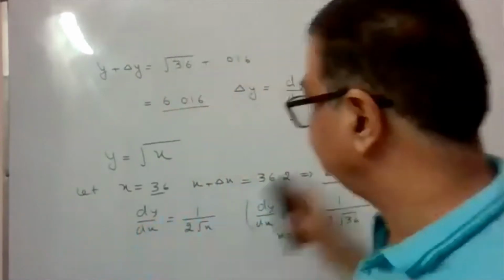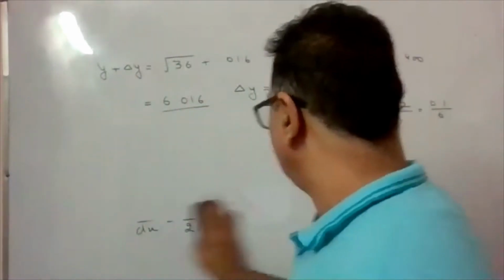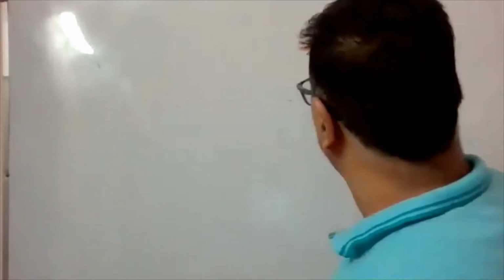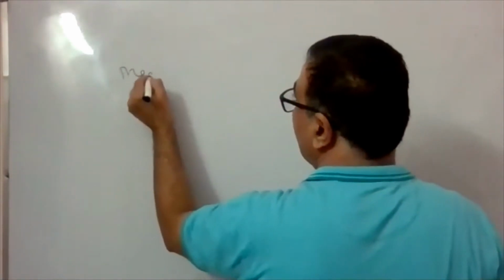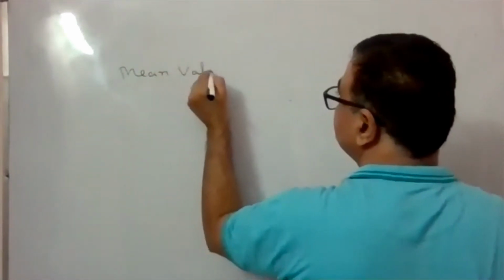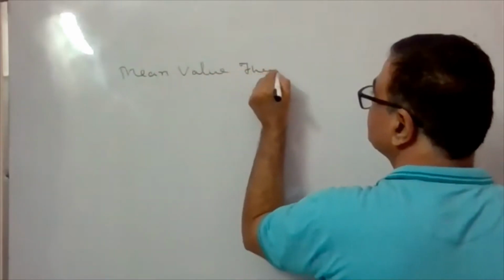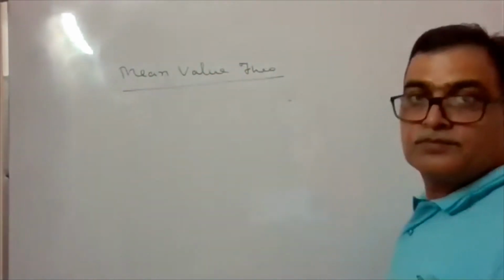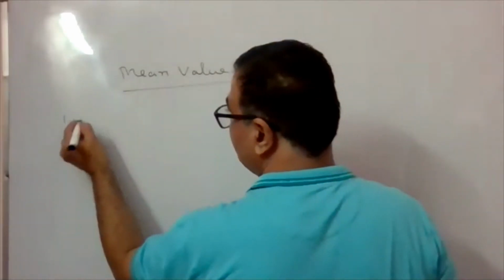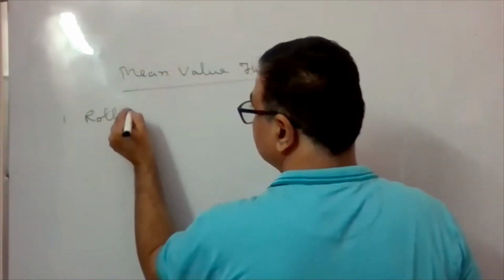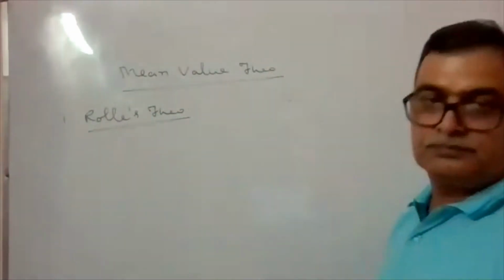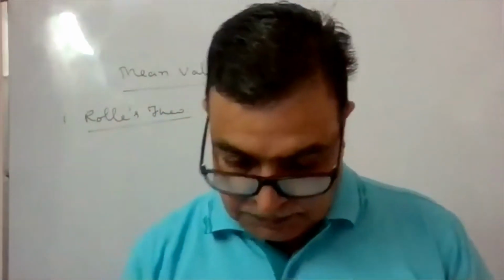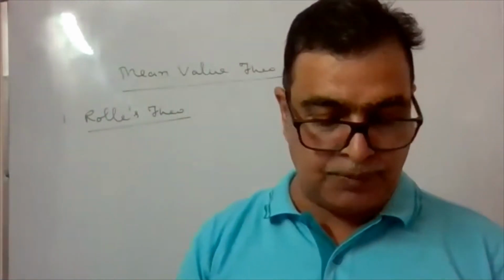Take the topic mean value theorem, and in that the first one is Rolle's theorem. Write down the definition of it, please.